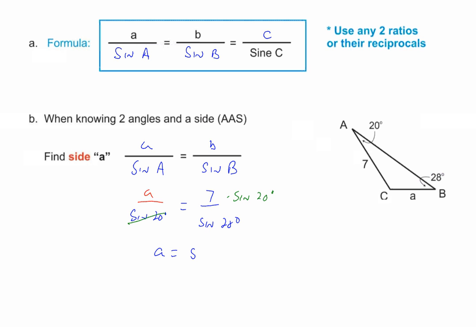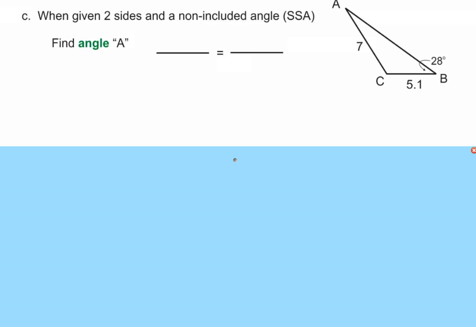Let's do another one. Okay, this one's side-side angle. You have 2 sides and the non-included angle. In this case, we're going to solve for angle A. So remember, the trig function goes with the angle, so I have to have sine of A on the top.